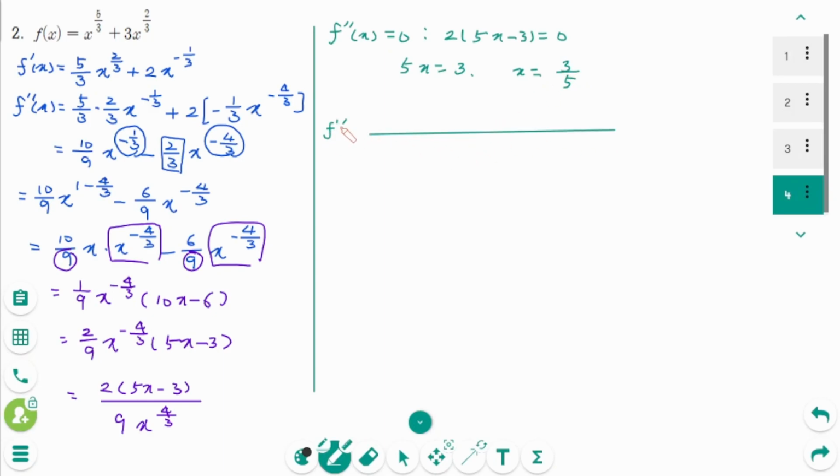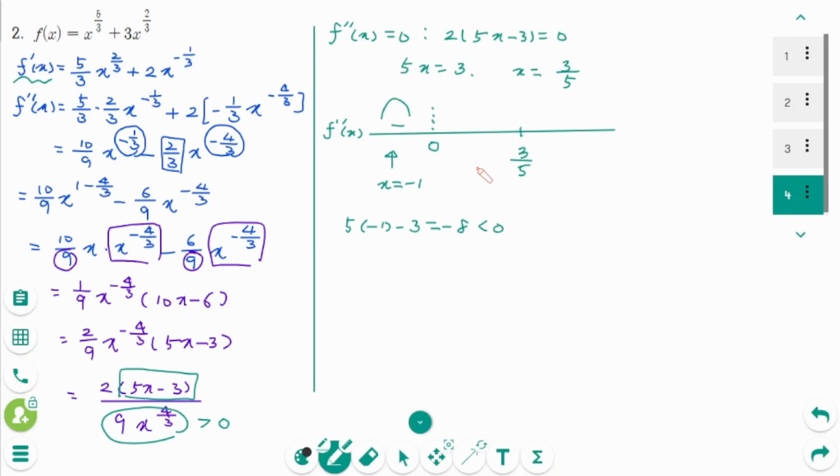Then f second prime of x. We already know f prime of x does not exist when x equals 0, and then 3 over 5. When the testing number is x equals minus 1, this part is always positive. We can use only the numerator part, which is this one. Then 5 times minus 1 minus 3 is minus 8, which is negative.